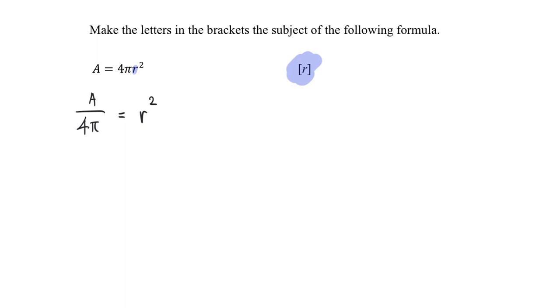And do take note, if we do not want to see the square, what do we do next? Because I see a square here. Yep, I am going to square root my A over 4 pi totally, and because we do not know what R represents, every time you square root a value, there could be both a positive or negative answer.